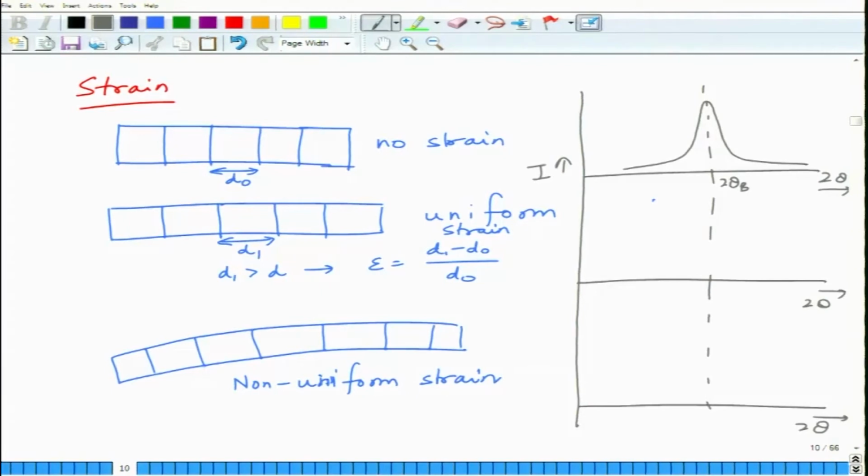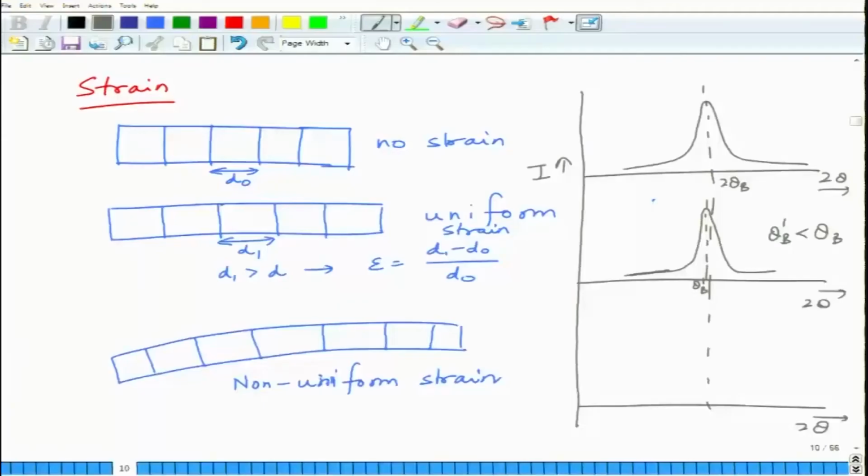If you have a uniform strain, the uniform strain will allow this peak to be shifted. So, in this case d has increased, which means theta will decrease. This will be centered like this. So, this is theta B prime, which is lower than theta B original, okay, because the peak is slightly shifted to the left because of increase in the d parameter. Okay. Now, when you have non-uniform strain, which means you have multiple d's now.